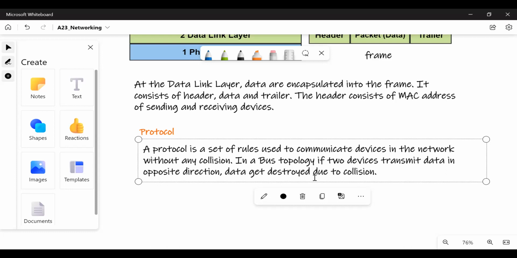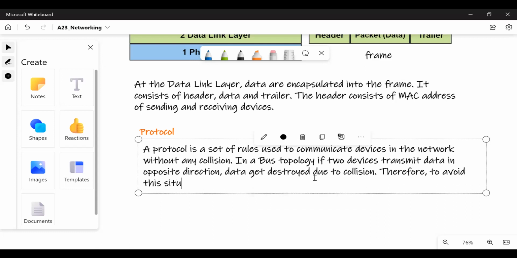So therefore, to avoid this situation, a protocol is needed. Right.